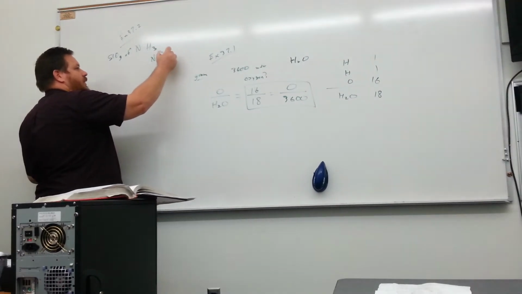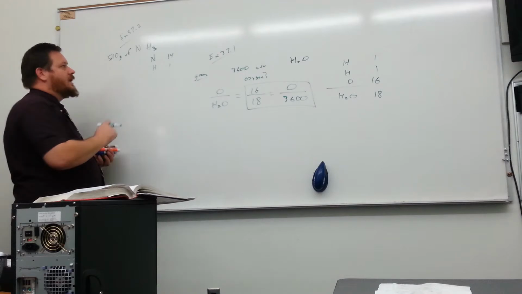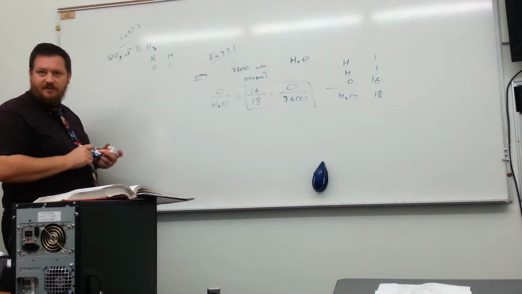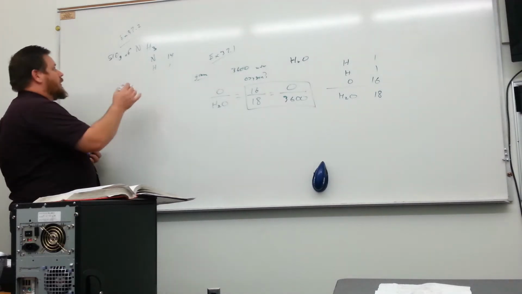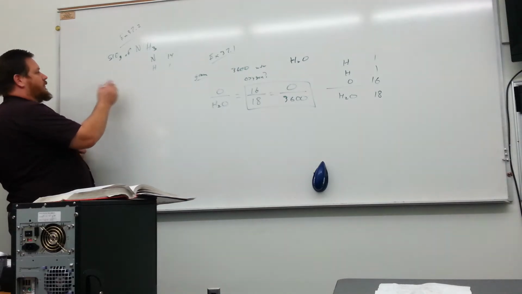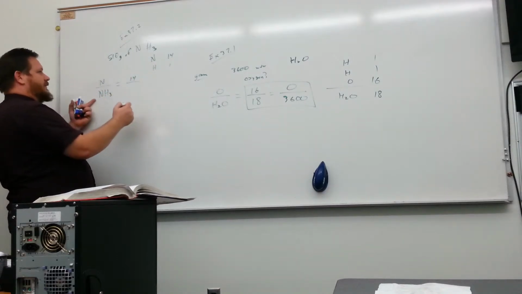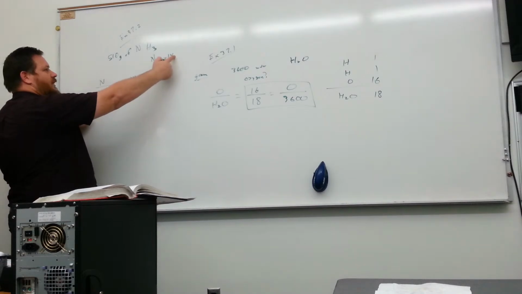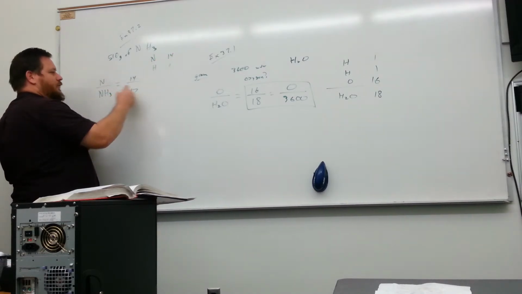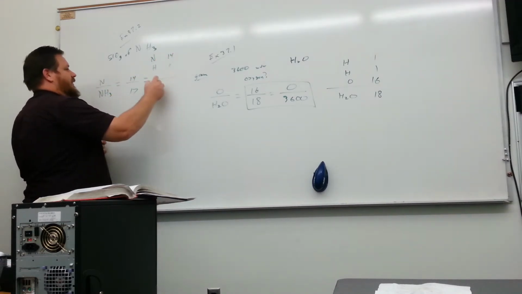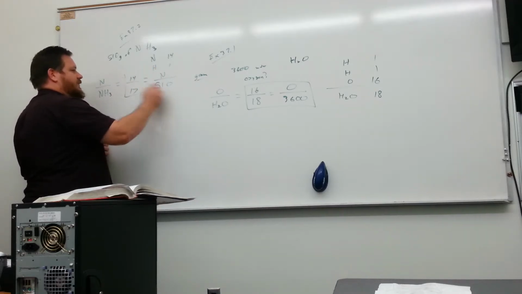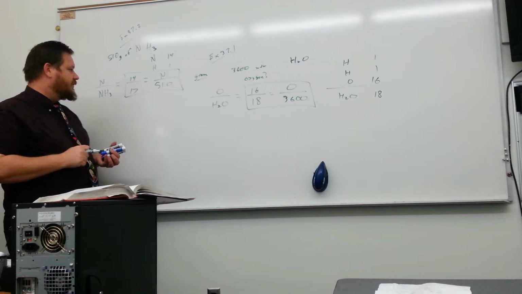And nitrogen has a weight of 14, hydrogen has a weight of 1. And the problem will always tell you what the weight of each atom is. All right, so we're looking for the ratio of nitrogen to ammonia. 1 nitrogen is 14, ammonia is NH3, so that's 1 of these plus 3 of these, that's a total of 17. The problem says that we got 510 grams of ammonia, and we want to solve for the nitrogen. So here's our problem to solve.